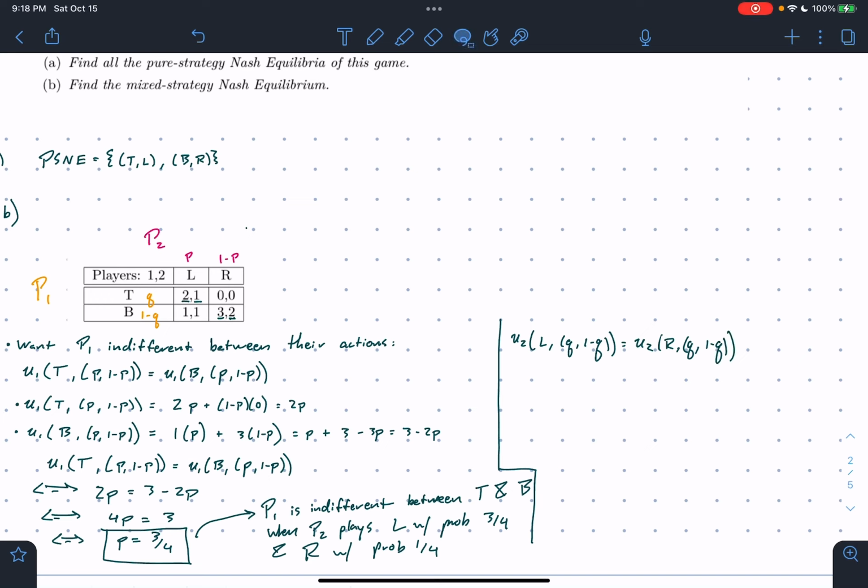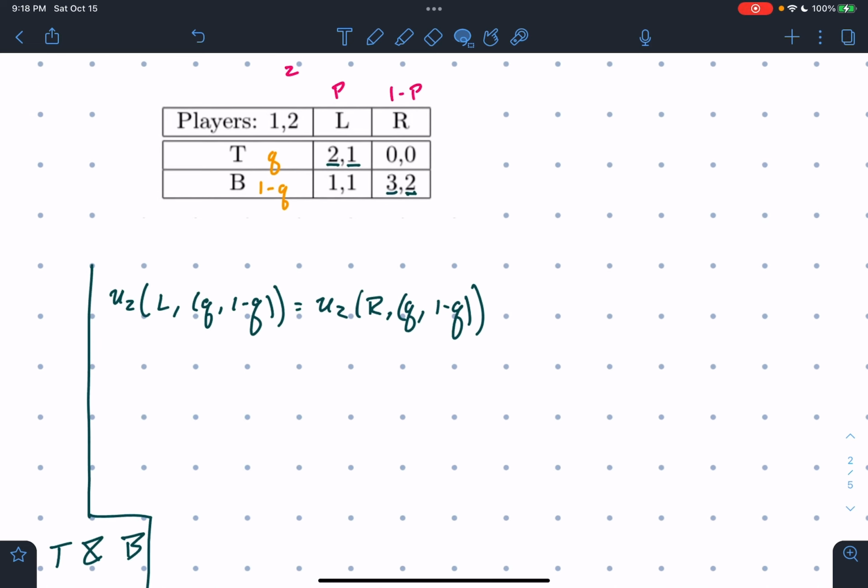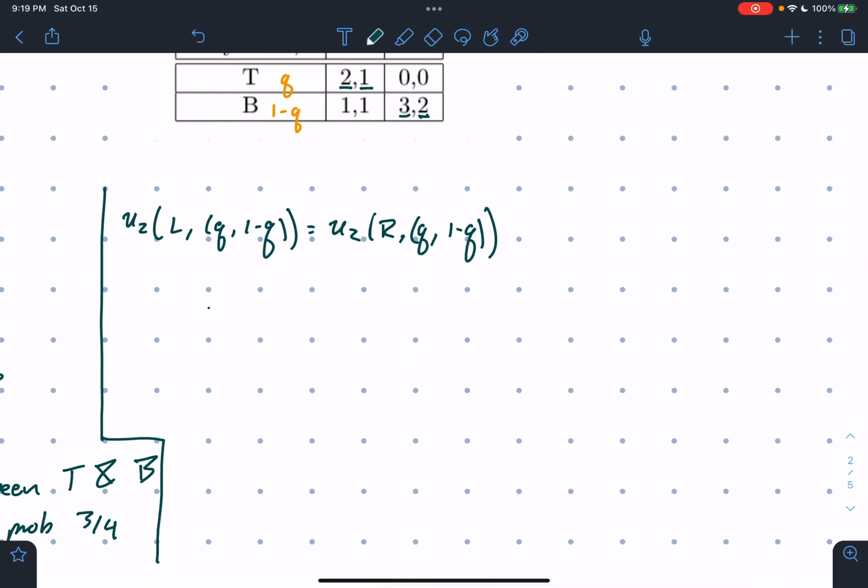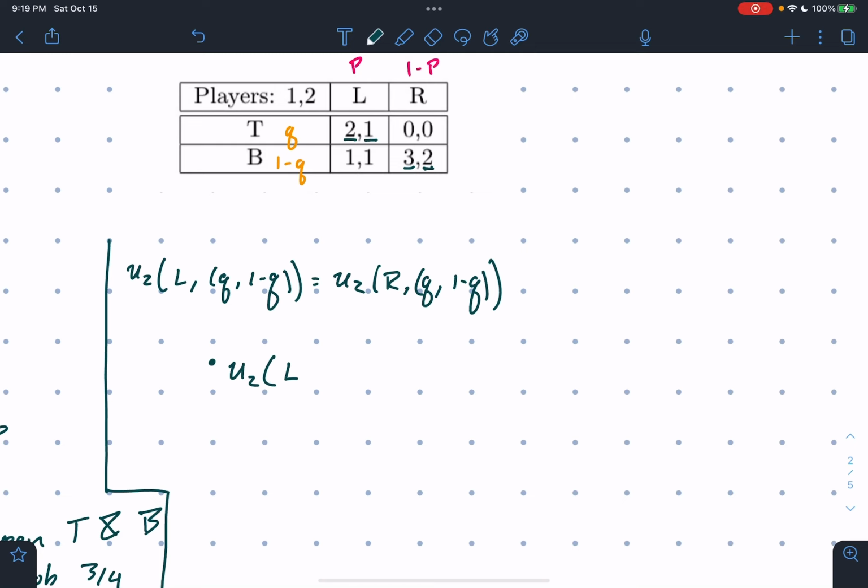I'm going to copy this again so that we can zoom in. We first need to compute these two things.